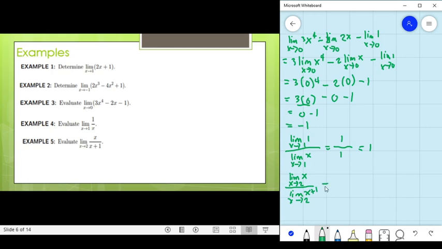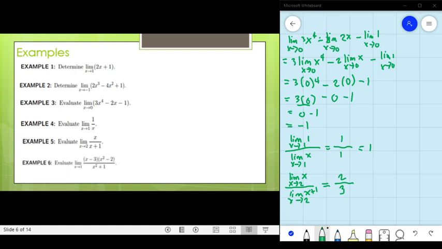The numerator is 2 and the denominator is 2 plus 1, which is 3. Therefore, the limit of x all over x plus 1 as x approaches 2 is equal to 2/3.